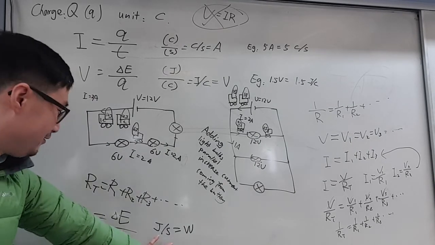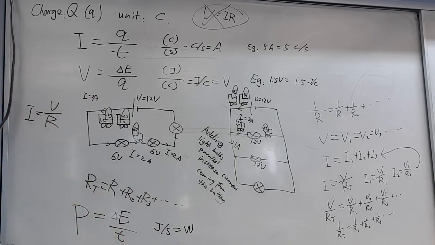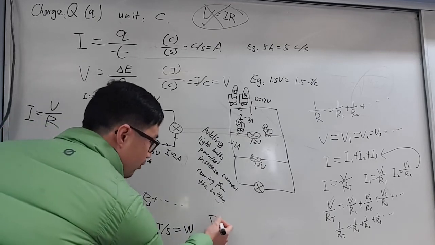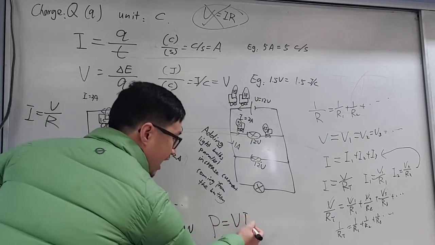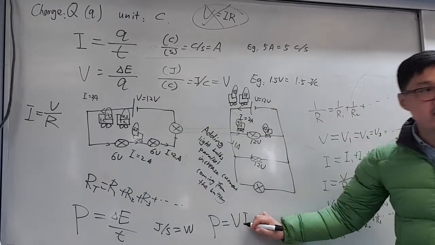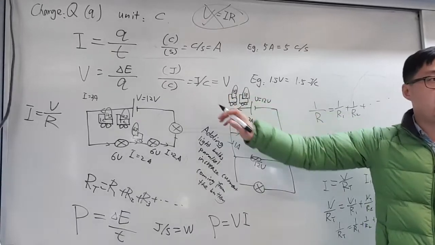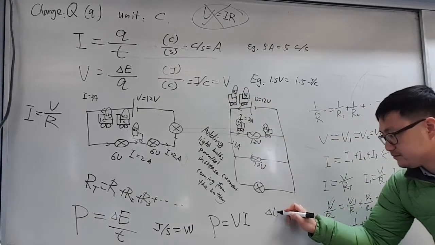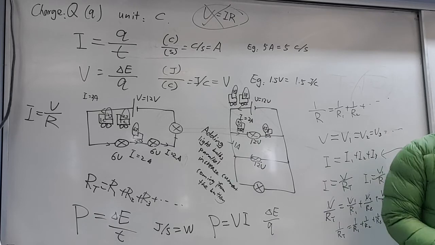Okay, and then we know the equation also gives you power equal to voltage times I. That's the next equation they give you, right? So why does power equal voltage times I? Let's have a look. The definition of voltage we use over here is the change of energy divided by charge, right?